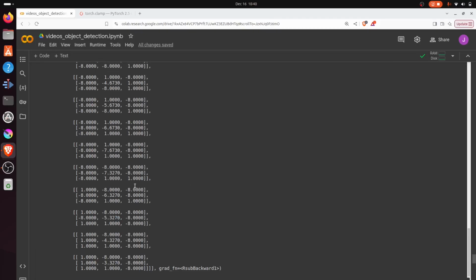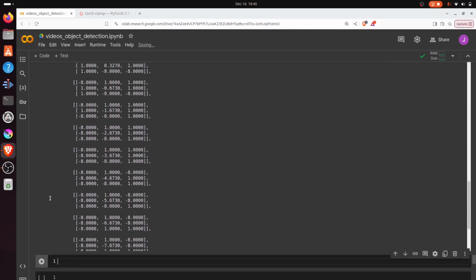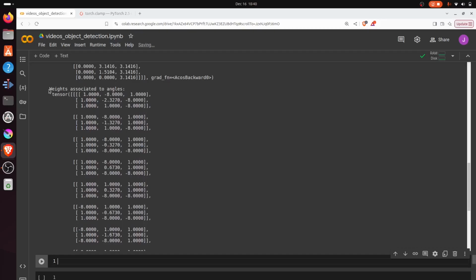Let's have a look. Great, so you see now that we have weight values associated to different gradients. Depending on the position of the gradient, whether they are closer or farther away to a reference orientation, they are going to be greater or smaller.